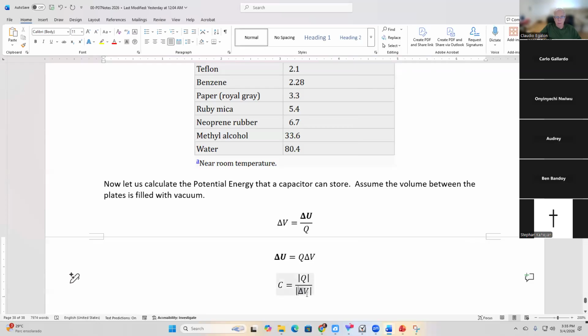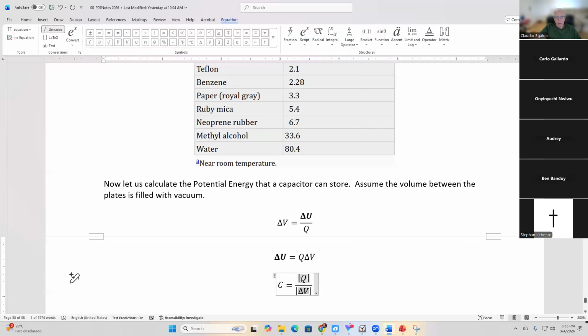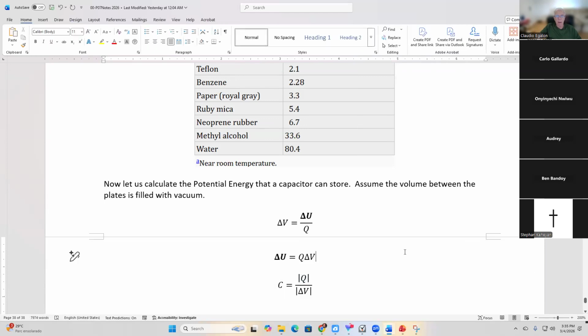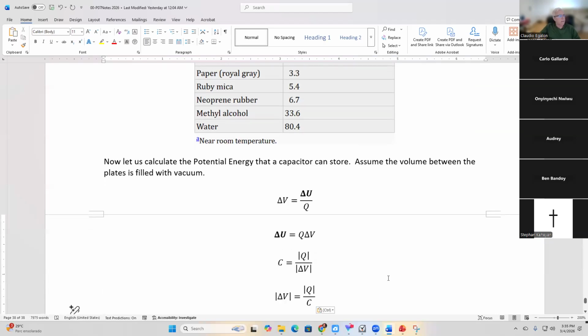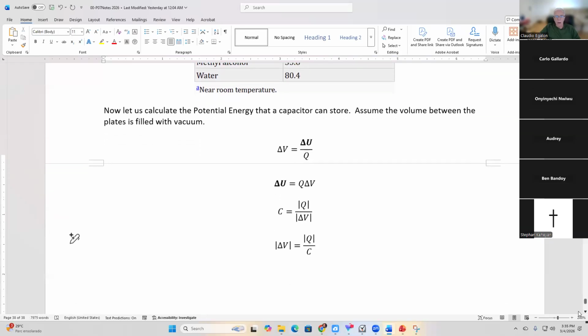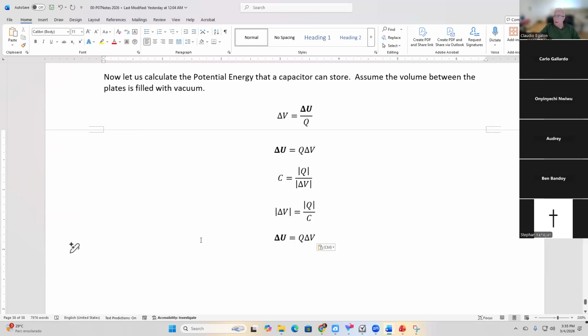And now I solve for the electric potential difference in terms of the charge and the capacitance. And that's what we get. Substitute that right in here, delta V, to see how simple it is.